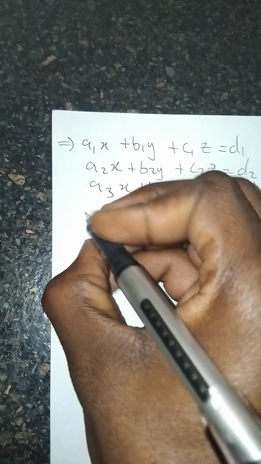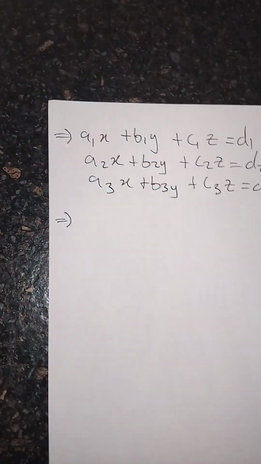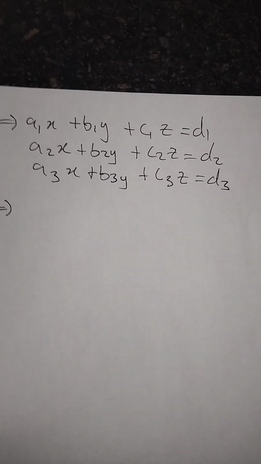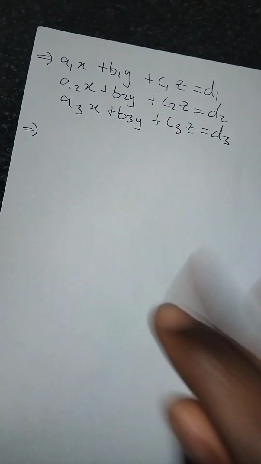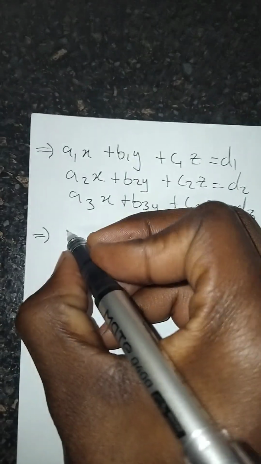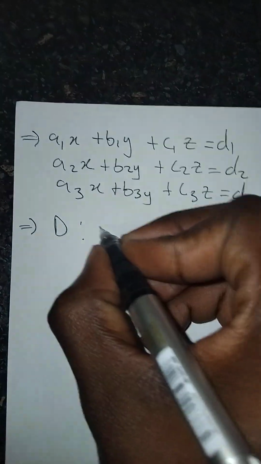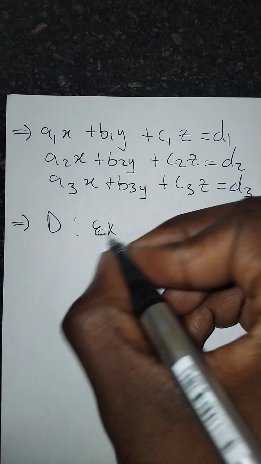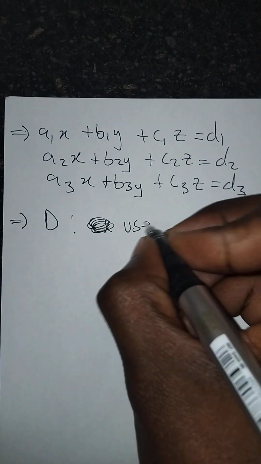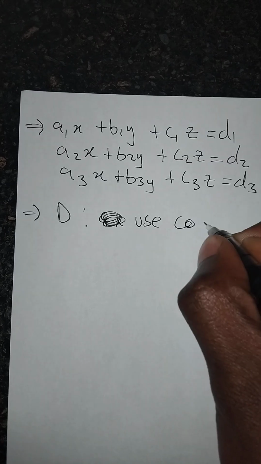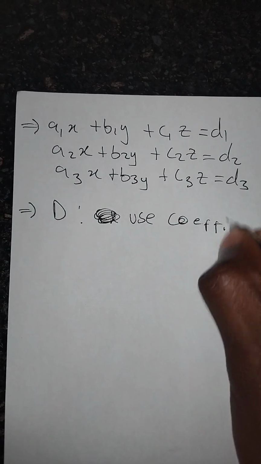Okay, so these are the short notes that I'm going to make for you, so that you can understand what is actually going on. The first thing that we'll want is the determinant, which is represented by d. For the determinant, we use the coefficients.